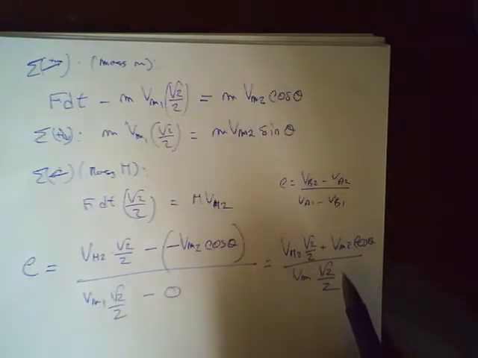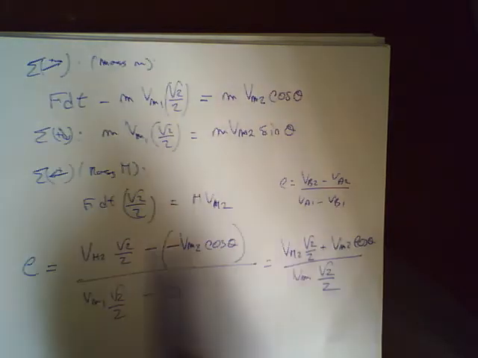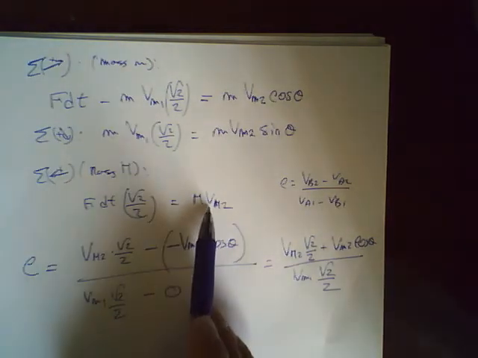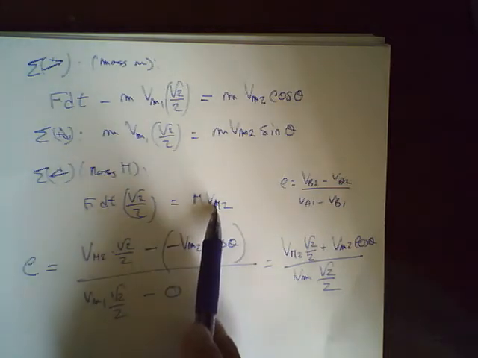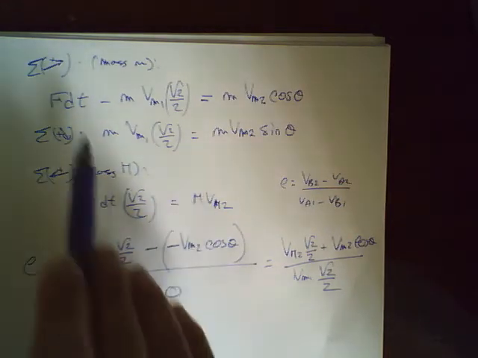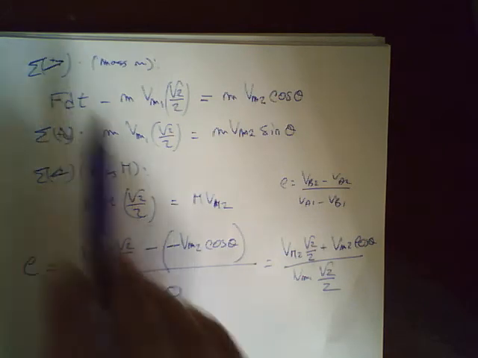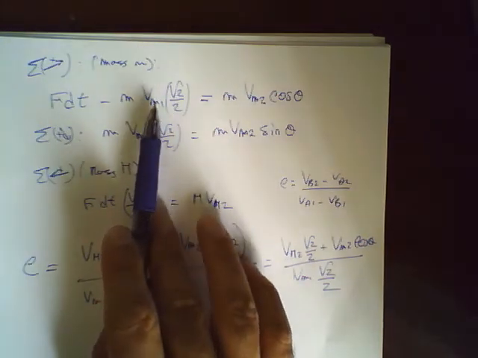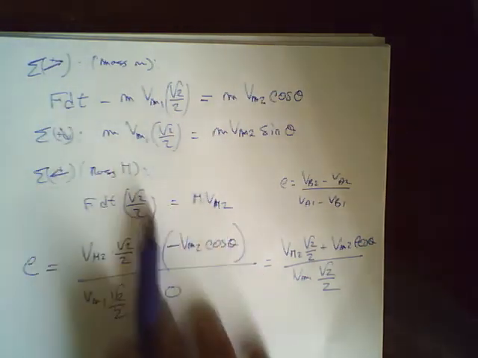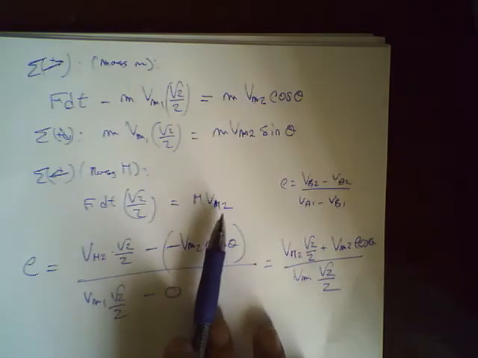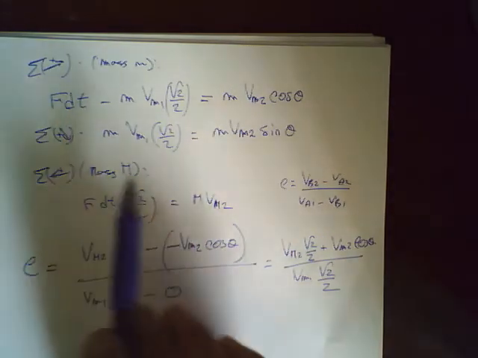Alright, so what I have here is I can now take FDT and make it equal to MV2. So I'm going to put the velocity I'm trying to find in that equation, and I know VM1. We know VM1. FDT, I'm going to make it equal to this. So I'm going to take this guy and plug it here.